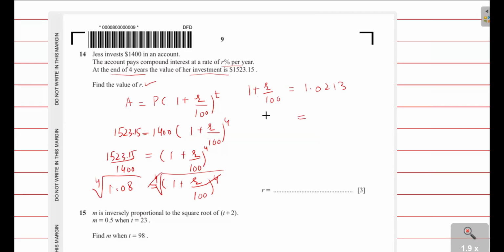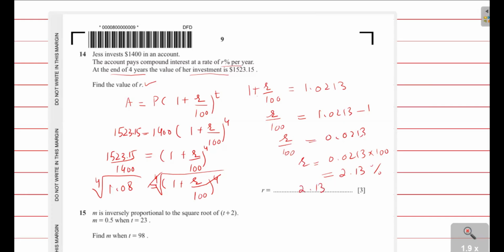Therefore, we can write R over 100 equal to 1.0213 minus 1. This is 0.0213. R will be equal to 0.0213 multiplied by 100, and this value will be equal to 2.13%.